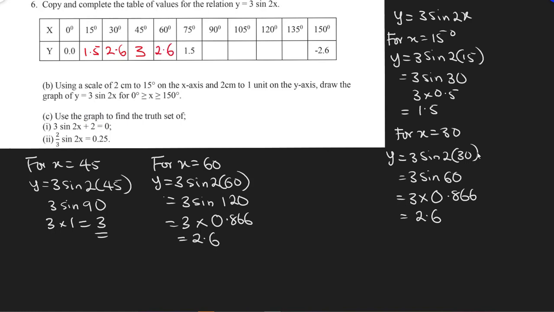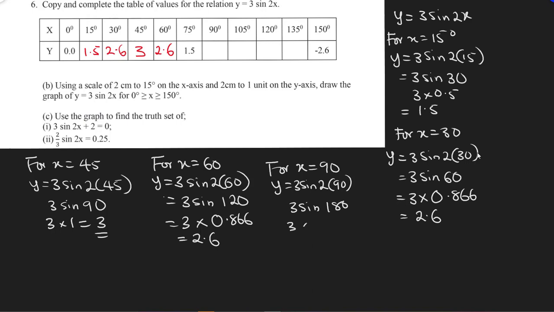The next one is when x is 90, because 75 has already been done. So for x is equal to 90, we're going to say y is equal to 3 sine 2 into 90, which will be 3 sine 180 degrees.